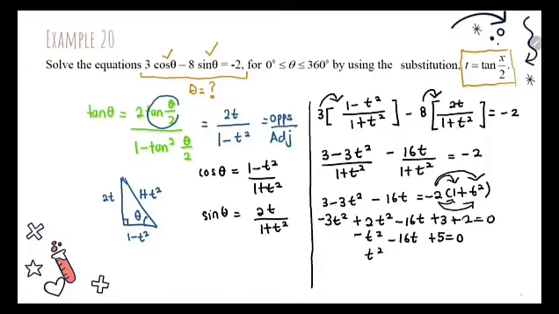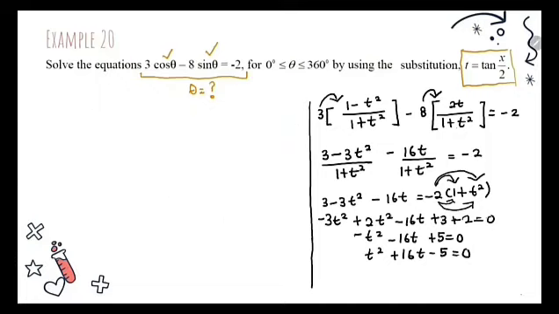So we change the sign of every term and we will get a quadratic equation. This is still not the solution. This is just expressing cos theta and sin theta in terms of t and simplifying until we find a quadratic equation.